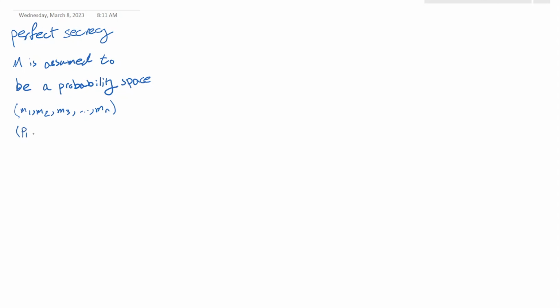The first one would be P1, the second one P2, the third one P3, and all the way to Pn, where the sum of these Pi is going to be 1, right? These are the distributions where these messages are coming from. We are just trying to be a little more generic than head and tail.